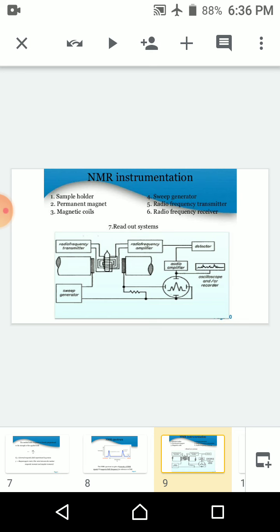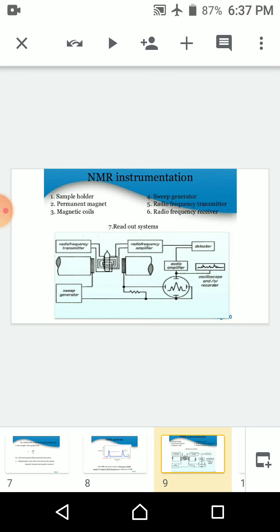So it is constituted by the following parts: sample holder, permanent magnet, magnetic field coils, sweep generator, radio frequency transmitter, radio frequency receiver, and read out system. All of you can understand by the following diagram.